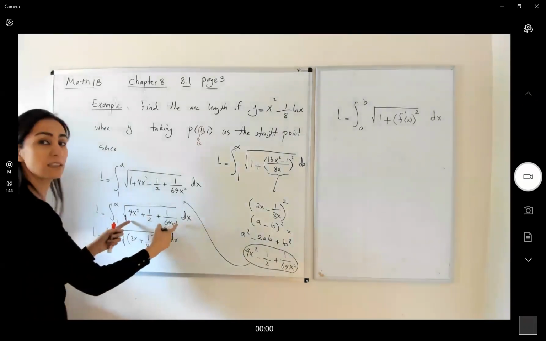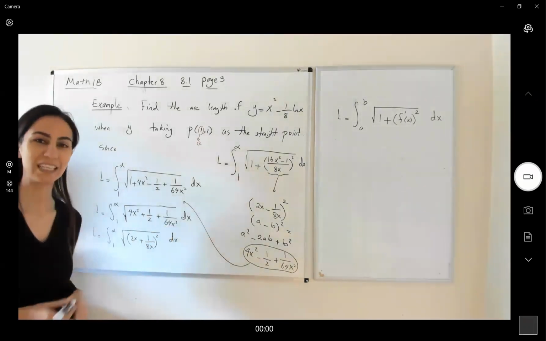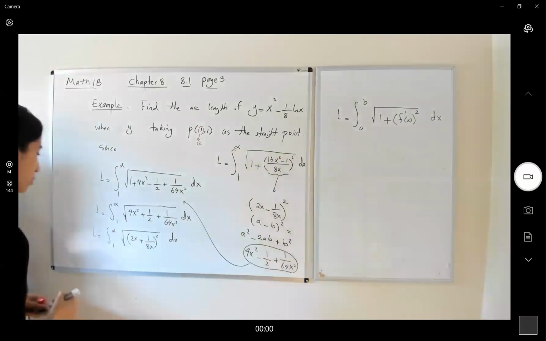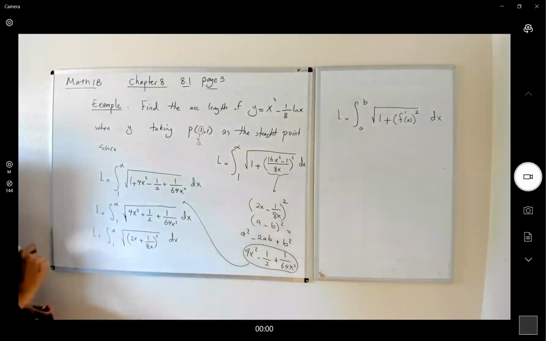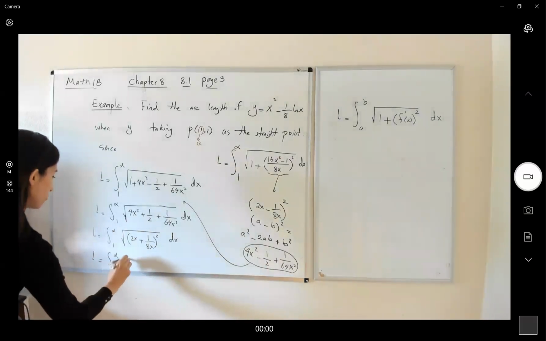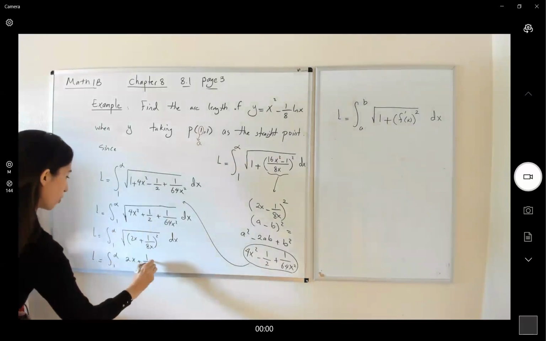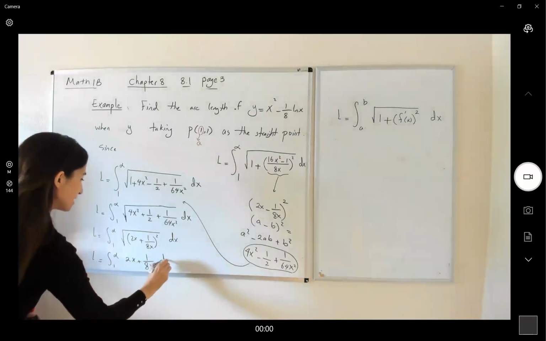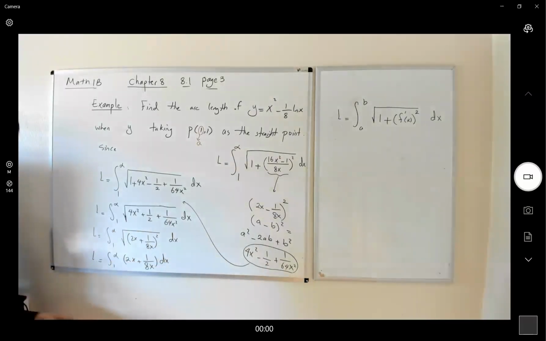It was an expanded form. I rewrite this in compact form. Now you can get rid of the square root. L is equal to the integral from 1 to alpha of 2x plus 1 over 8x dx, which is super easy for you to find.